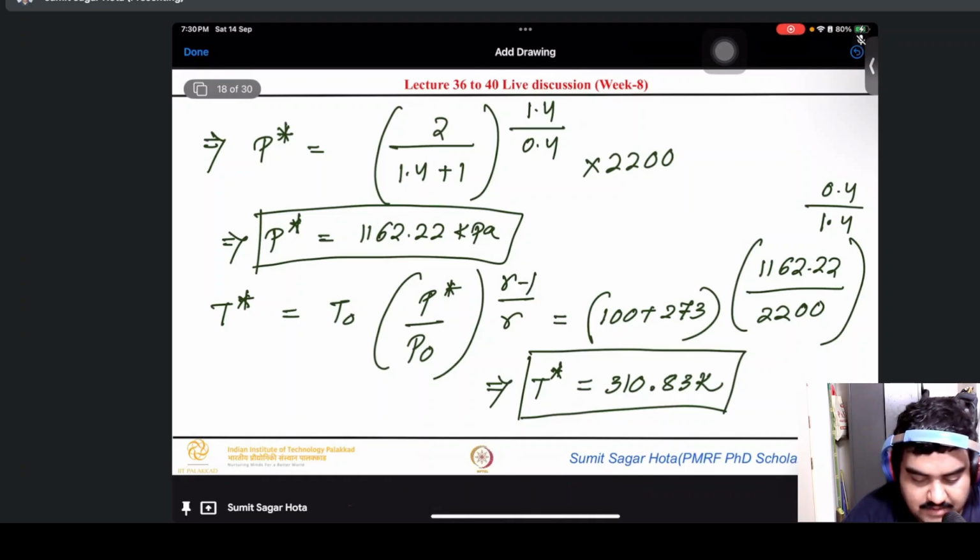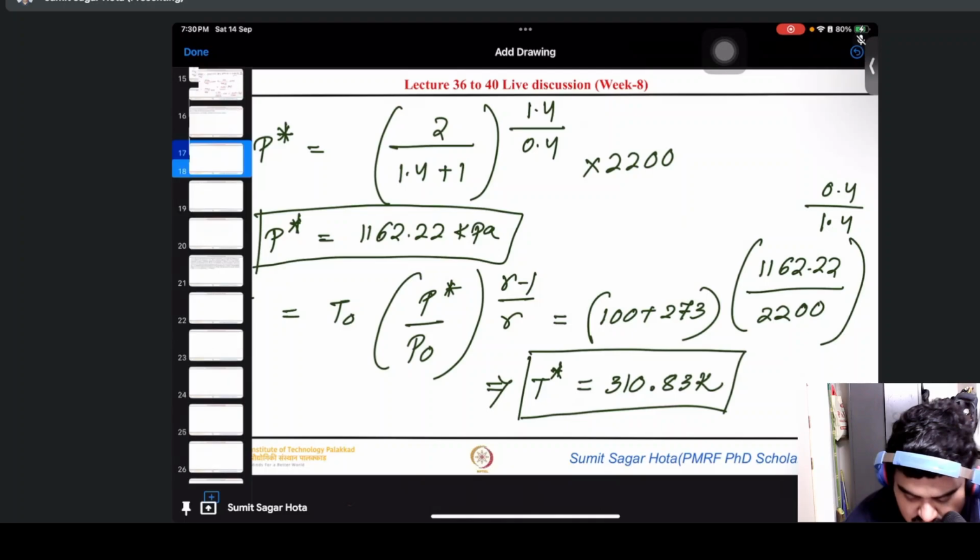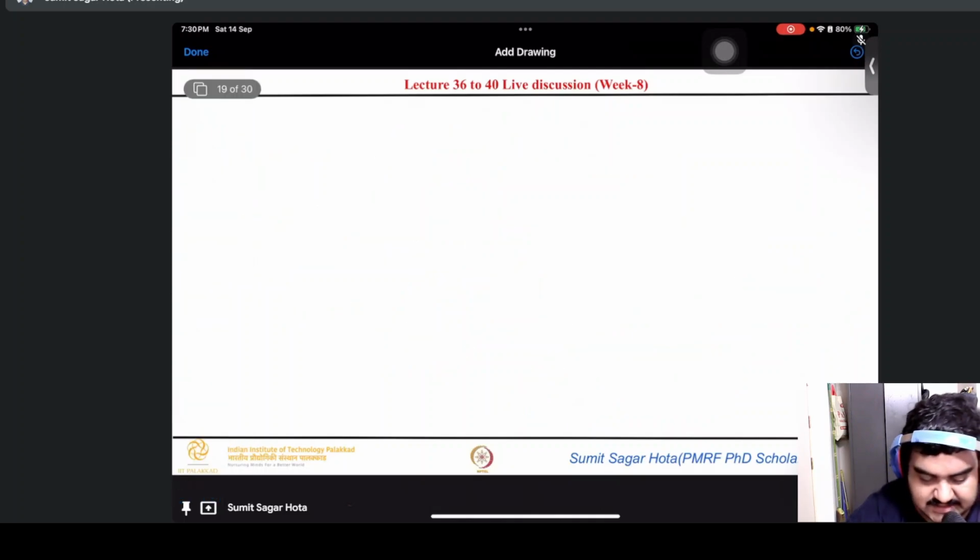Now we have to find out the sonic velocity, because these are the requirements to find out the m dot star. One more requirement is density, which we'll find later. First we find out the sonic velocity.